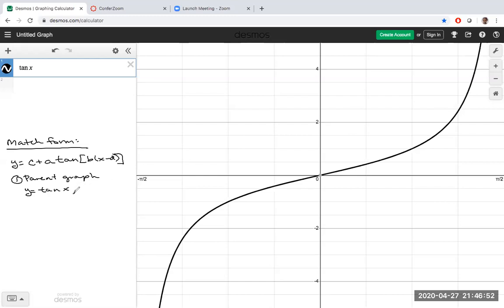And we've actually graphed for x being between negative pi over 2 and pi over 2, not including the end values.